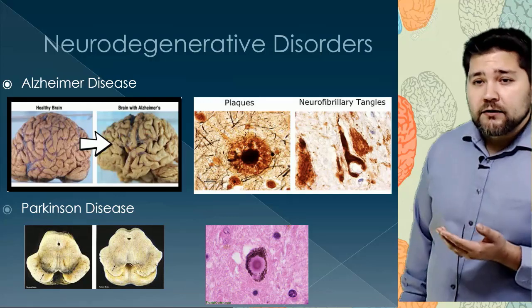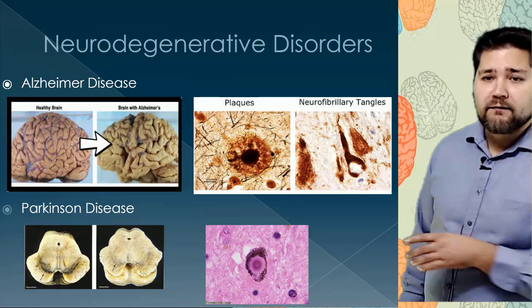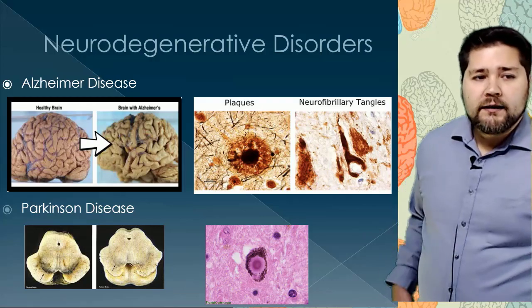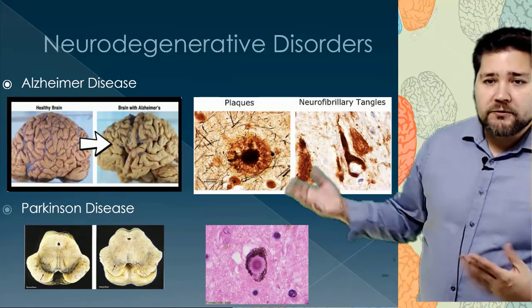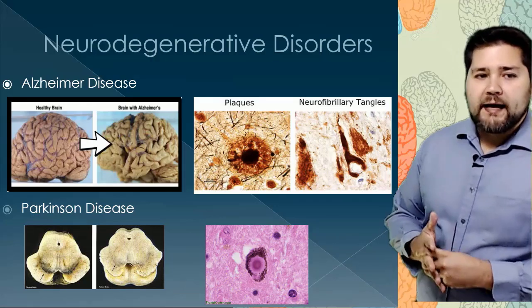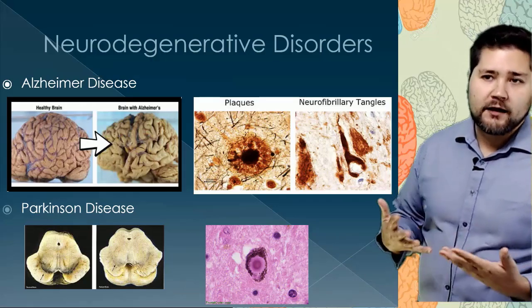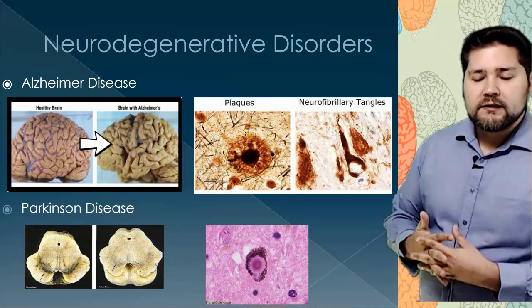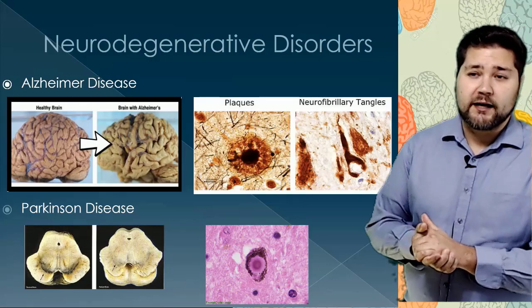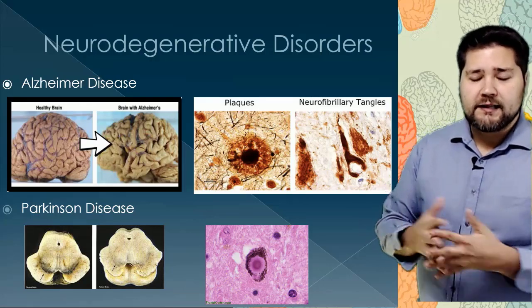But grossly, we have a very prominent pathognomonic finding, which is the difference between the coloration of the substantia nigra. So on the far left, you see normal substantia nigra. It's got this brownish color, but the one on the right is very pale to the point of not being colorized at all. And if you see that when you're cutting, and that's why when we're doing brain cuts, you want to make sure you're cutting through the substantia nigra, particularly the midbrain, so that you can see that region.